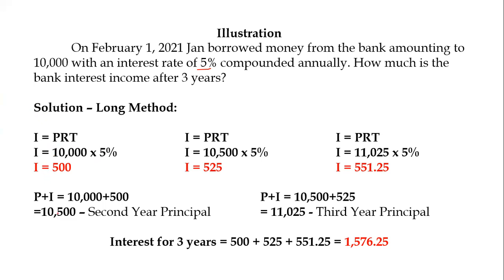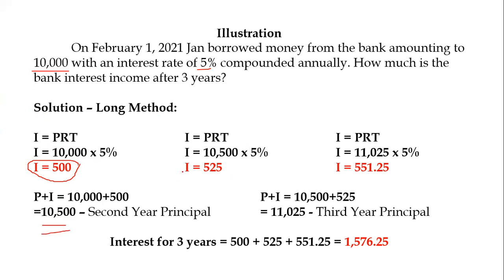And for the second year, ang magiging basis na ng computation ng interest ay yung base amount or principal amount plus the first year interest. Alright? Kung hindi niya syempre binayaran yan, no? So magiging basis na ay the principal and then the interest, 10,000 plus 500, that is 10,500.